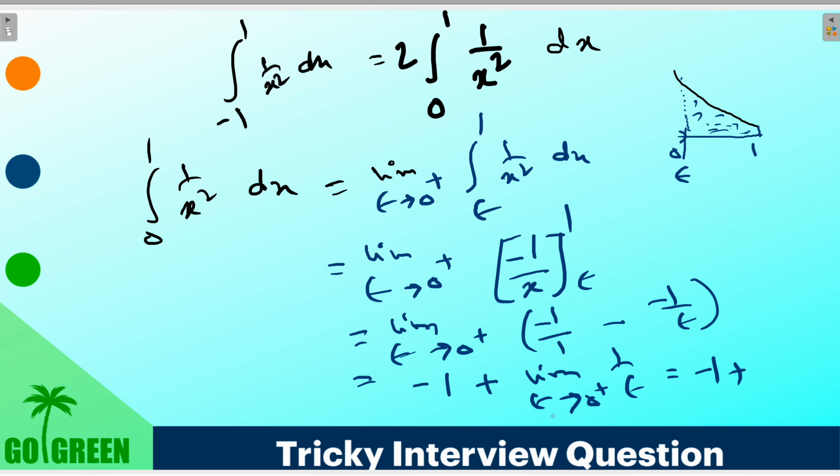Now, the limit as epsilon goes to 0 plus of 1 by epsilon, or simply the limit as x goes to 0 plus of 1 by x, has the value plus infinity. So essentially you are getting the same result, but this is the formal way of doing the integration. Minus 1 plus infinity will give you infinity, and therefore the value of the actual integral is 2 times this, which is 2 times infinity, and therefore this will give infinity. So the actual value of the integral is plus infinity.